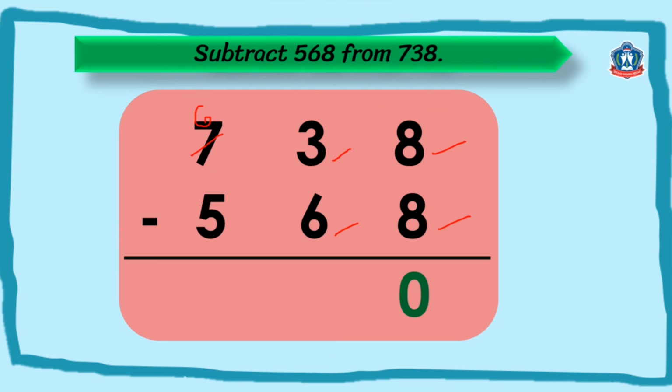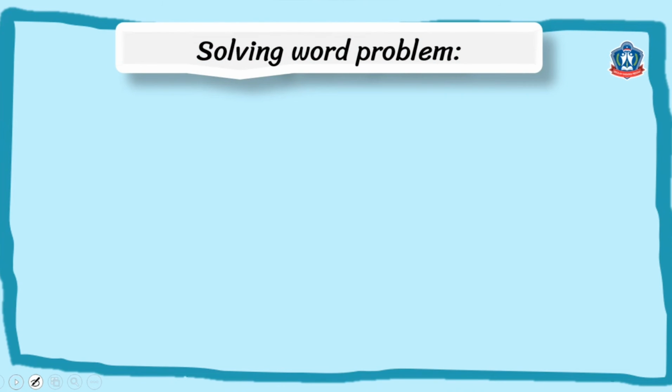And the 100 we rename into 10 tens, so our 3 becomes 13. So we have 13 tens. So 13 minus 6 is 7 tens. And now we have 600 minus 500, and it will give us 100. So 738 minus 568 is equal to 170.